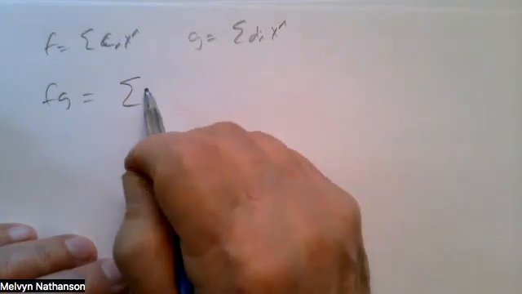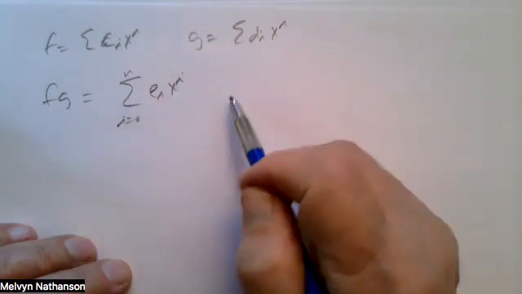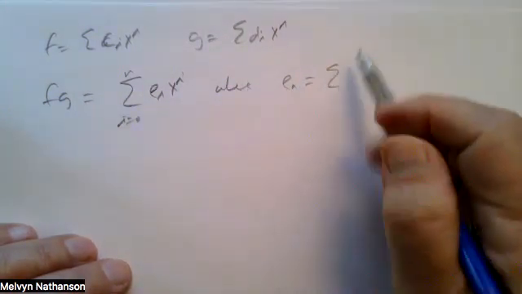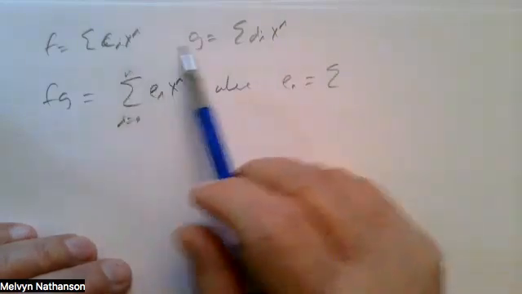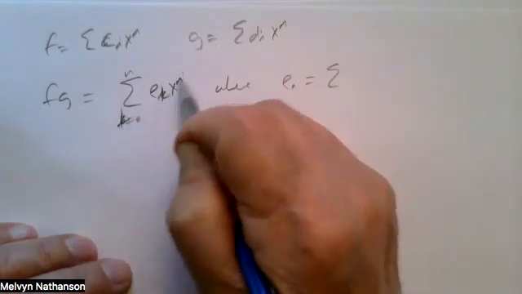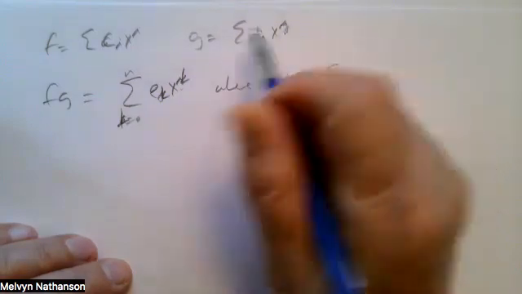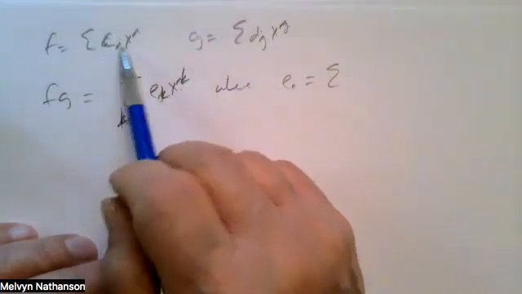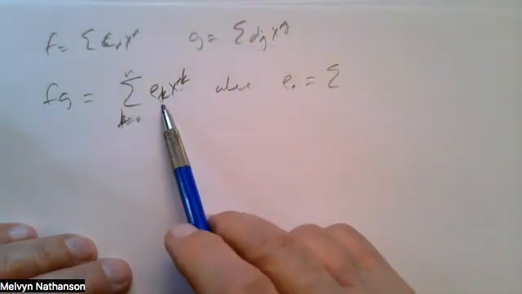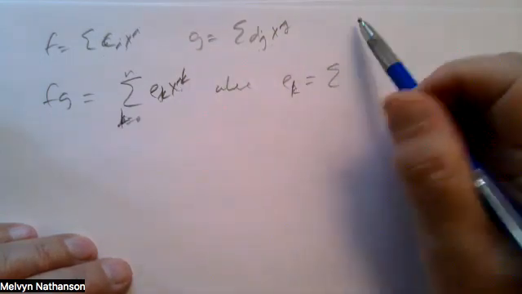I'll write it as the summation of e_k x to the k, where e_k is the sum of, see, when you multiply out, when do you get x to the k? I'll use the letter k here, since i is my subscript, and here I'll use the subscript j.